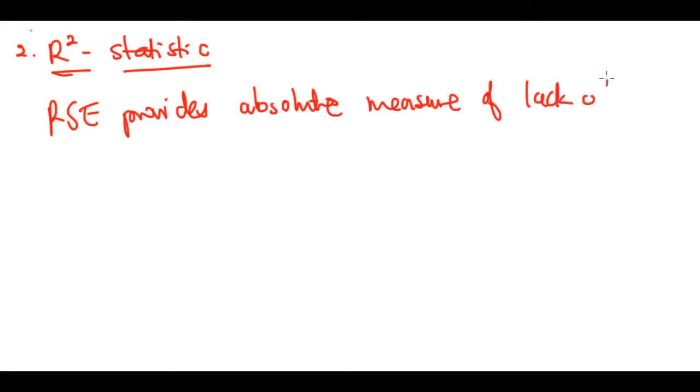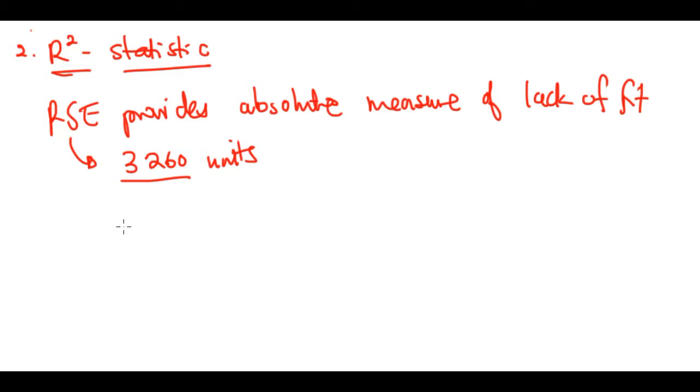What this basically means is, do you remember that time we said the RSE for the advertising data is 3260 units, right? This is an absolute number. It tells you the actual deviation, like 3260 units.